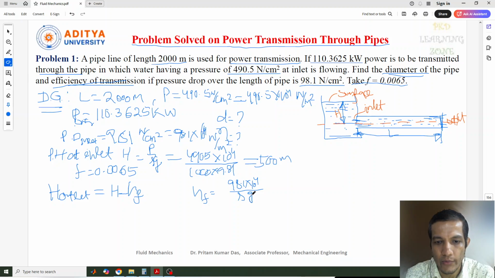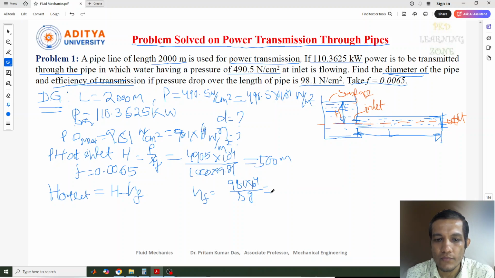One thing, we can consider the loss of head by the help of friction, the major losses, or else we can directly write the loss of head equal to the pressure drop divided by rho g.